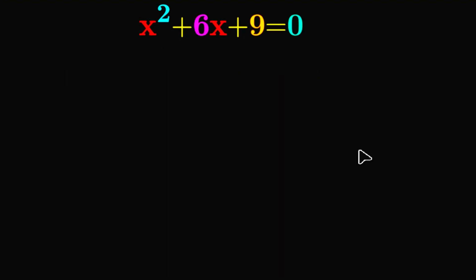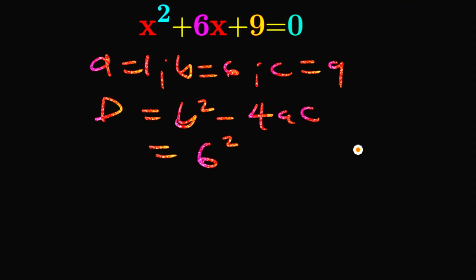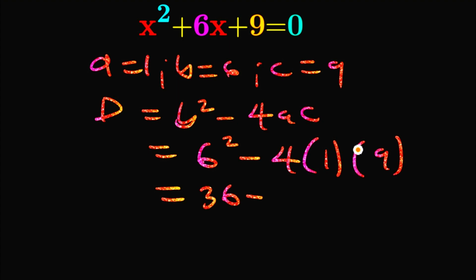Example 3, x squared plus 6x plus 9 is equal to 0. Here a is 1, b is 6, and c is 9. The discriminant, given by b squared minus 4ac, is 6 squared minus 4 times 1 times 9. 6 squared is 36, and 4 times 1 times 9 is 36.